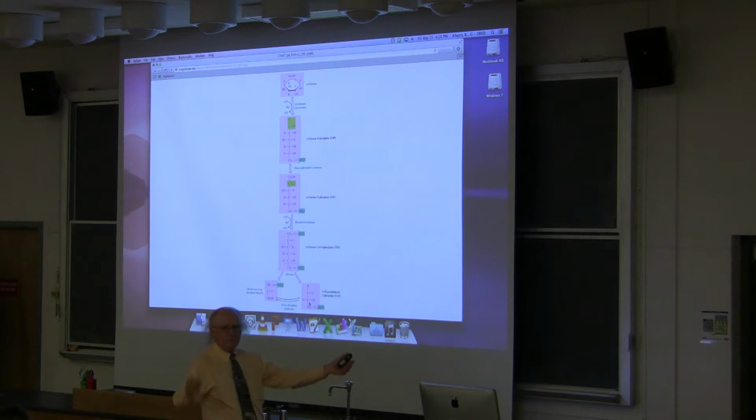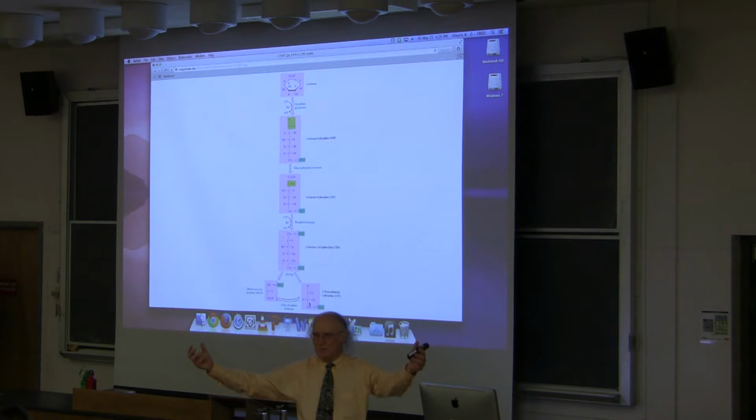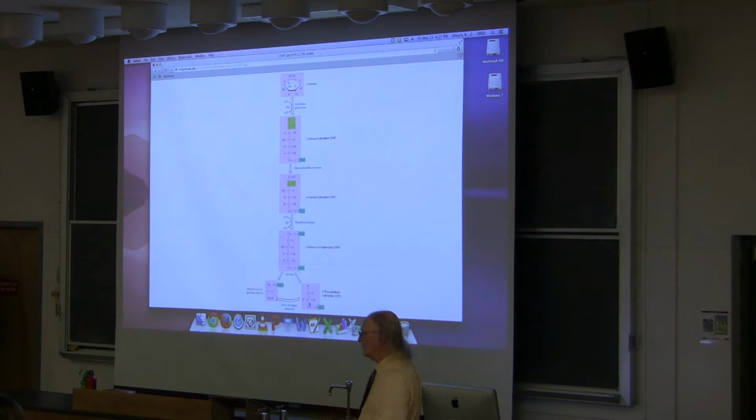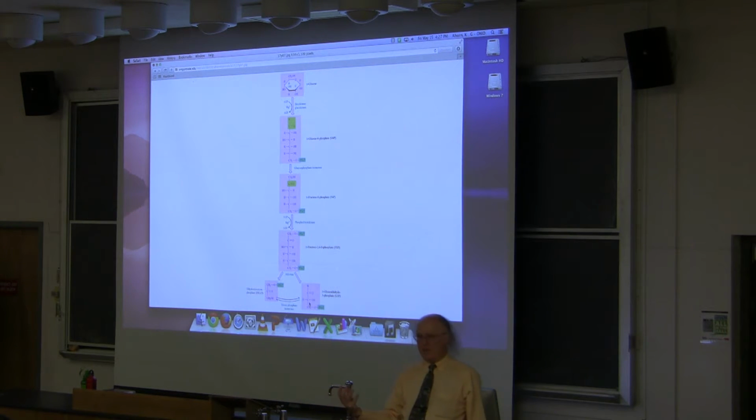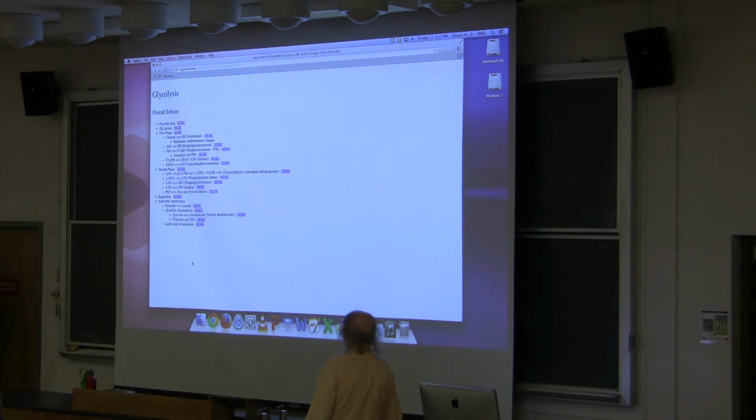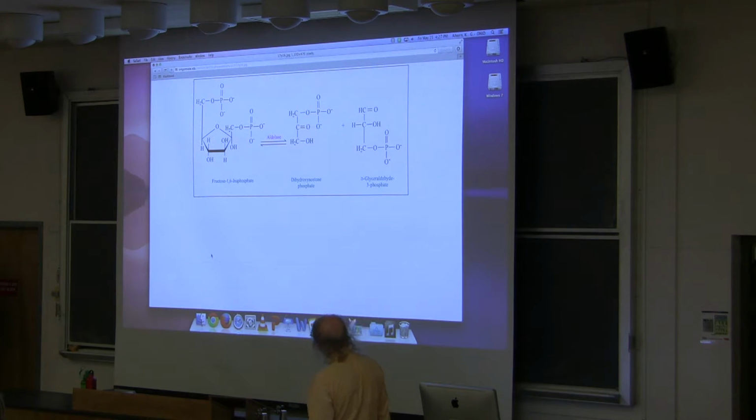We had 1 DHAP, we had 1 G3P, but the cell converts the DHAP into G3P, so now we have 2 molecules of G3P, and now everything's going to be 2 copies of everything all the way down. So we've got to double everything. That's why we're going to have 2 pyruvates at the end. There's the actual reaction, up close and personal.